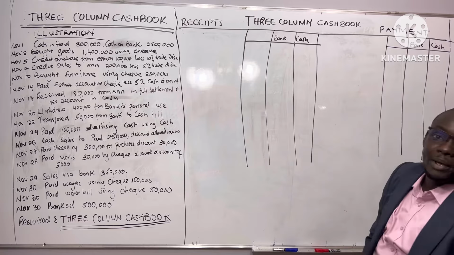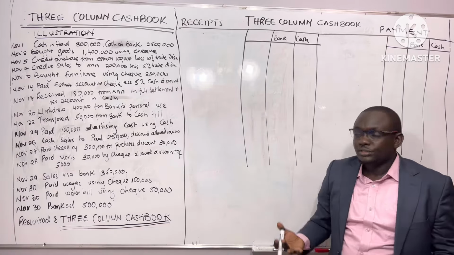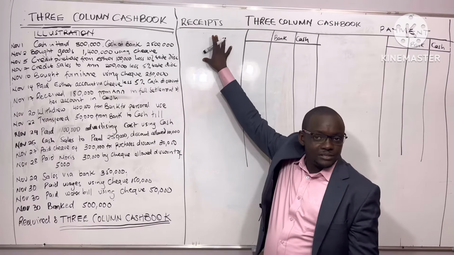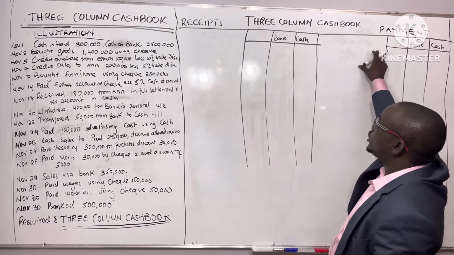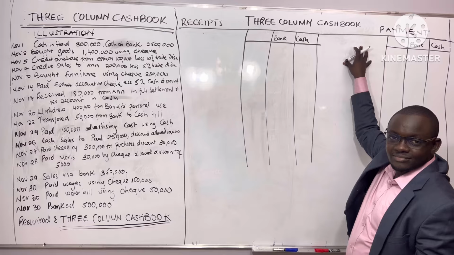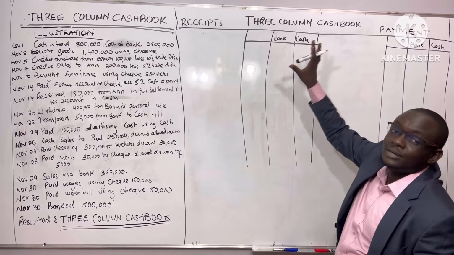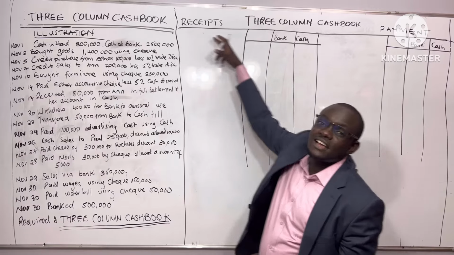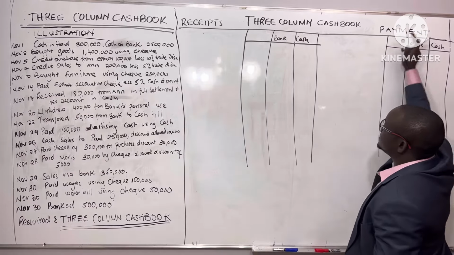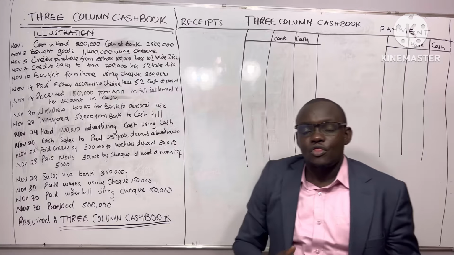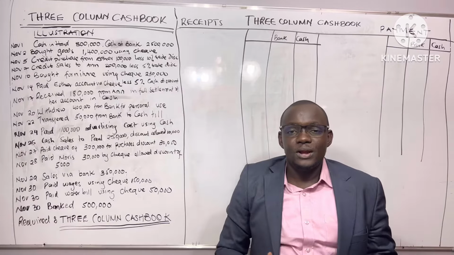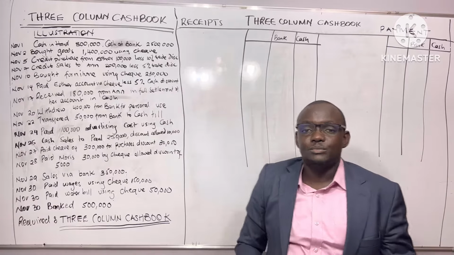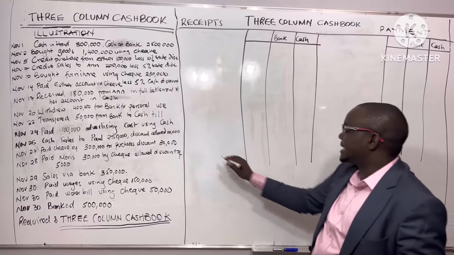In some books, this side they will call a debit, and this side a credit. However, for a cashbook, the major names are receipts and payments. Now, the only difference from a 2-column cashbook is discounts.